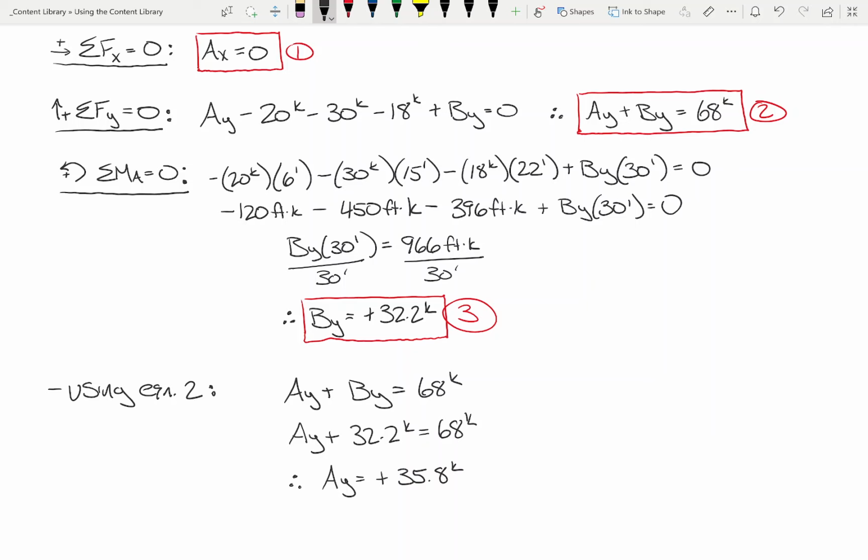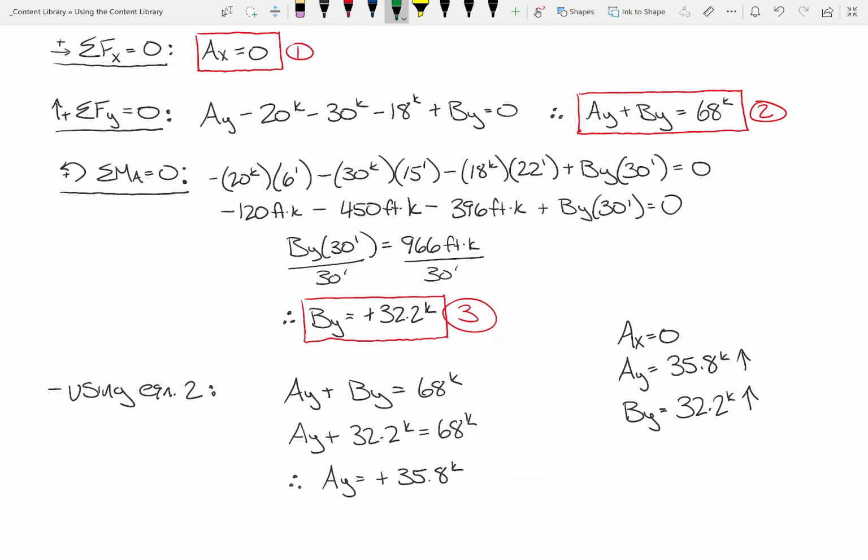So I think the point I want to make is this. What is the answer to this problem? The answer to this problem is AX equals 0, AY is 35.8 kips upwards, and BY is 32.2 kips upwards.